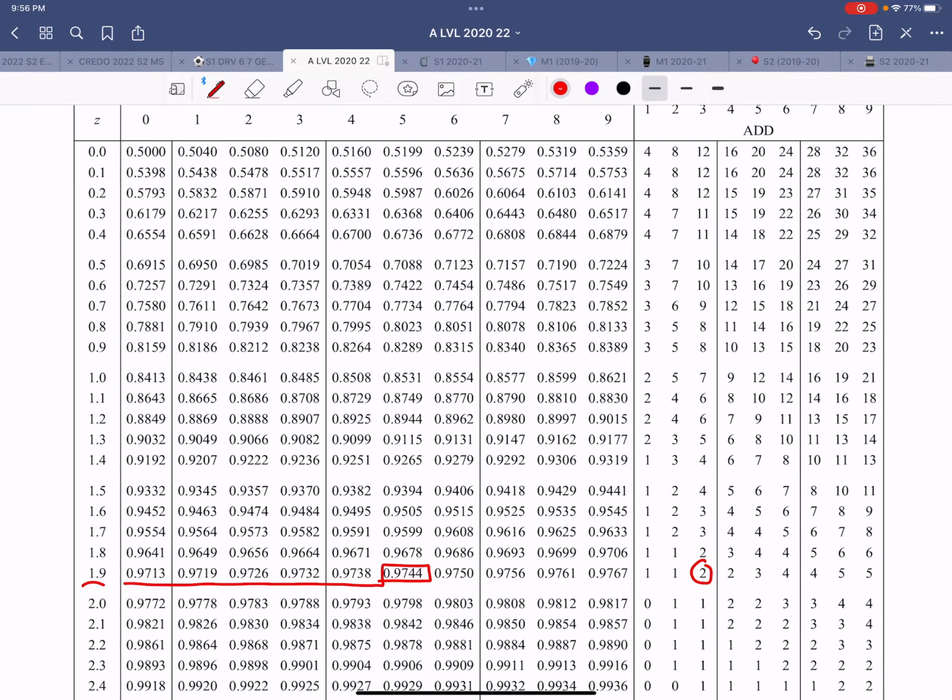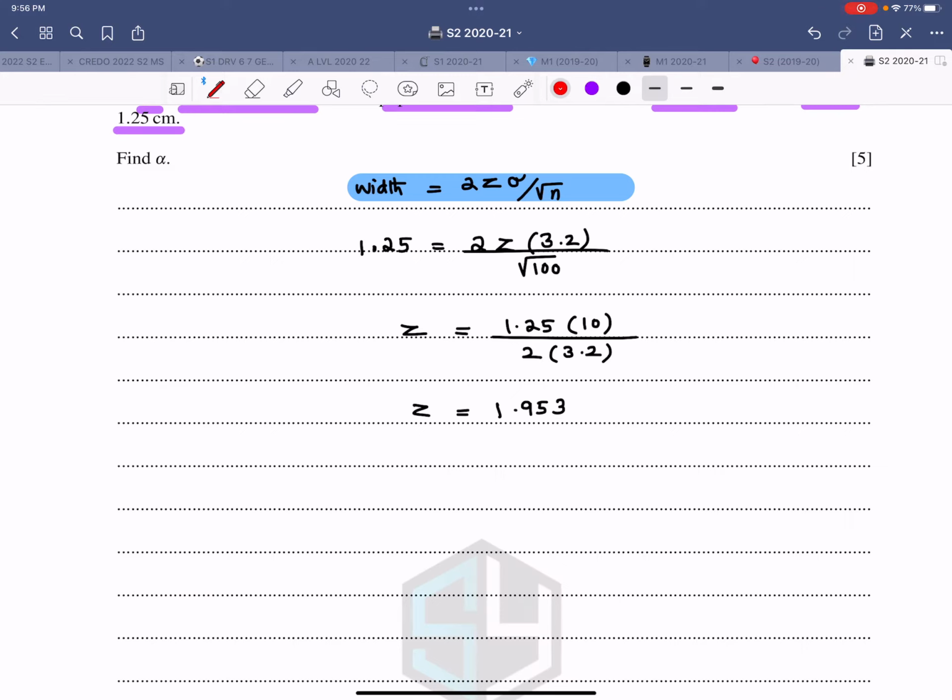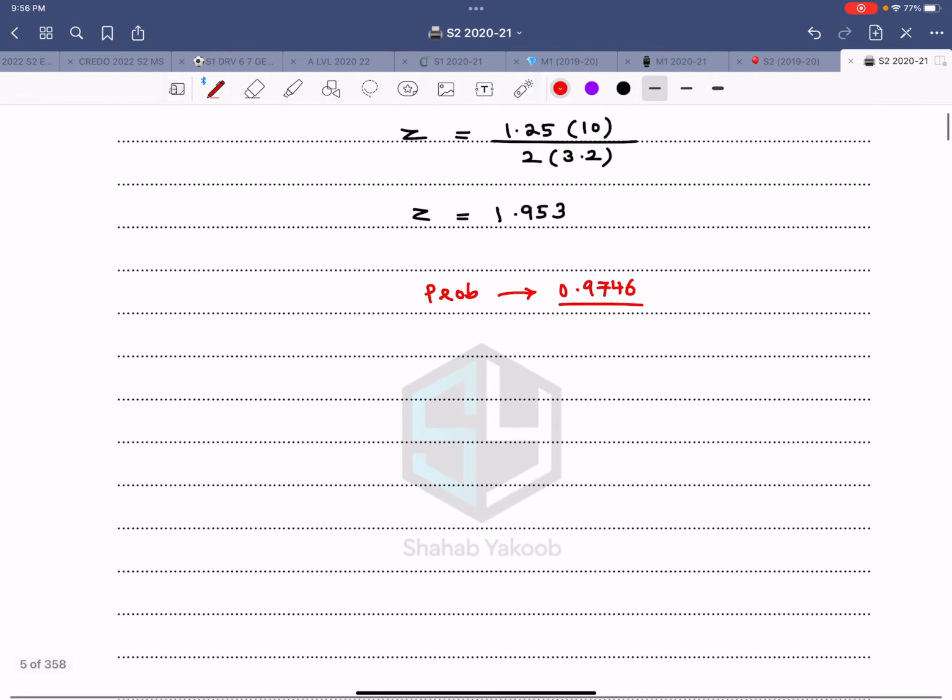So that is 9, 7, 4 and 6. So therefore the probability that you get is 0.9746. But this is not what is required, because this distribution is symmetric.